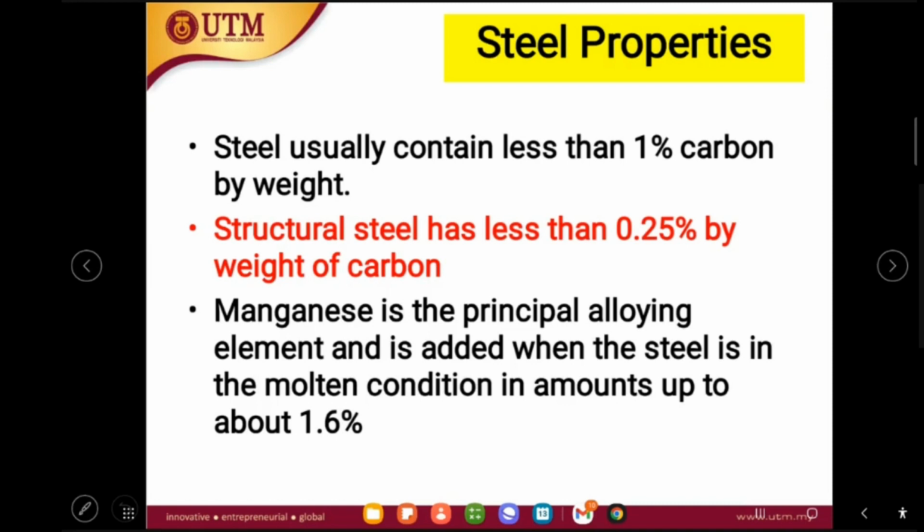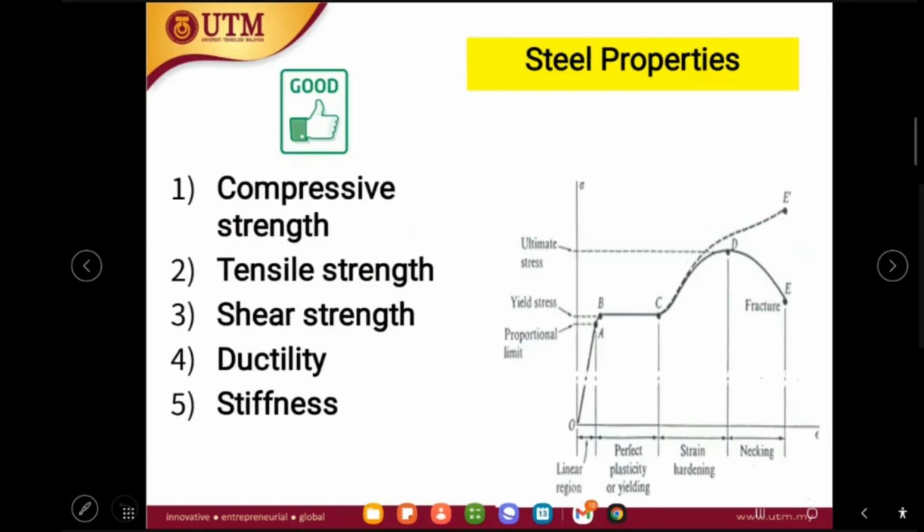For steel properties, steel usually contains less than 1% carbon by weight, and structural steel has less than 0.25% carbon by weight. Manganese, about 1.6%, is the principal alloying element, because if we want to add strength to the steel, we have to add some manganese.